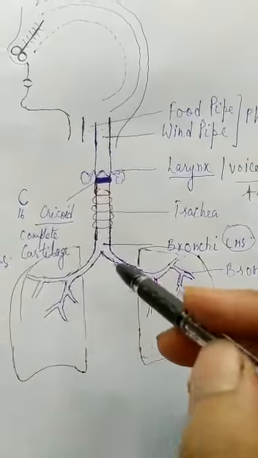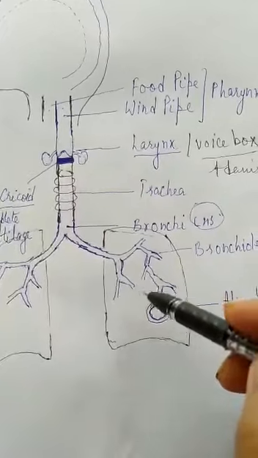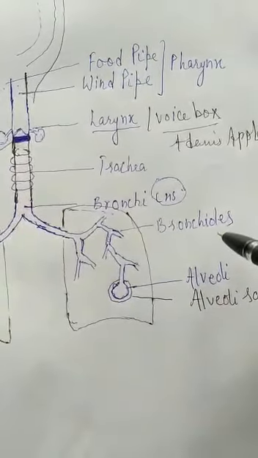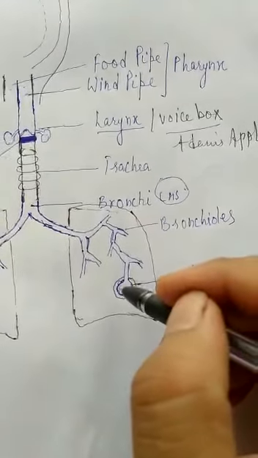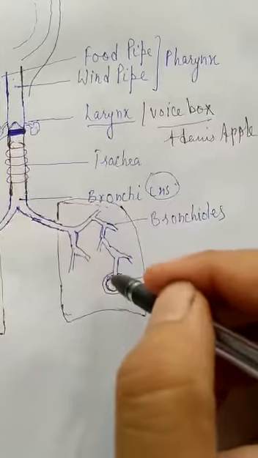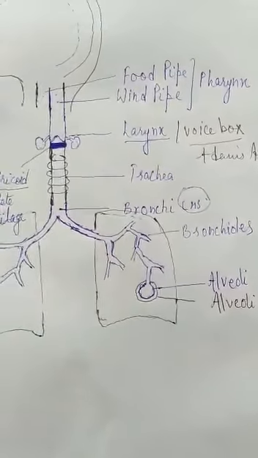These bronchi enter into the respective lungs, wherein they further divide into many sub branches called bronchioles. Each bronchiole ends in a sac-like structure called alveoli, and these alveoli are well protected by the alveoli sac.